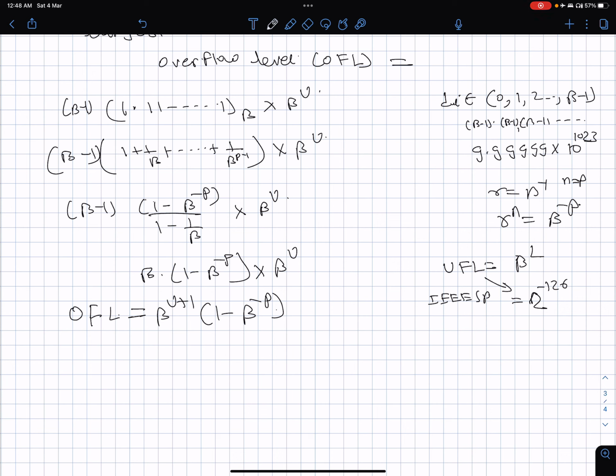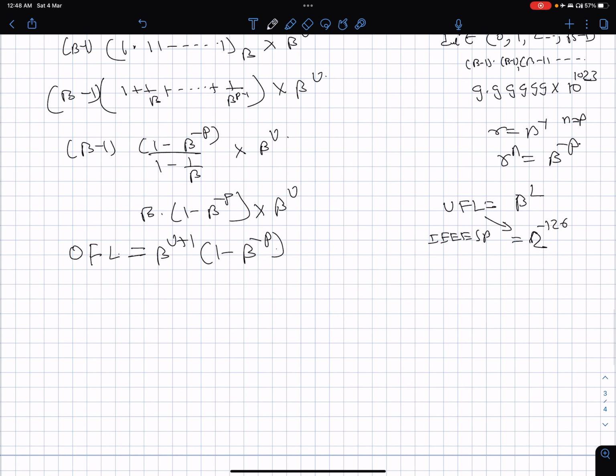So no number smaller than this can be stored here, and OFL is 2 to the power of the upper limit 127 plus 1, so 2 to the power 128, into 1 minus 2 to the power minus p, where p is 24, so 1 minus 2 to the power minus 24.